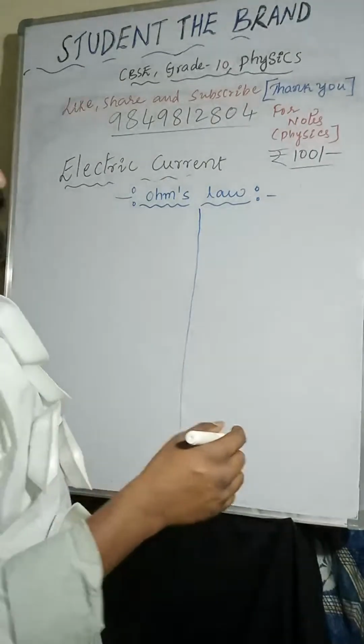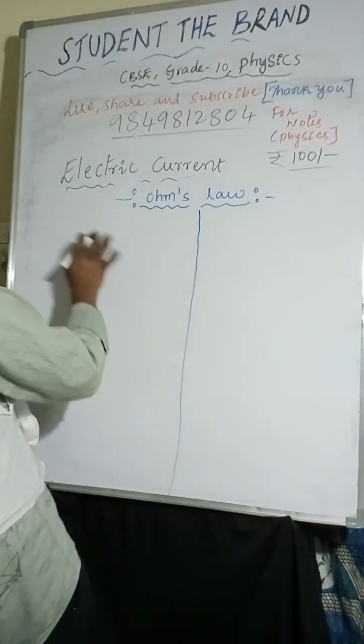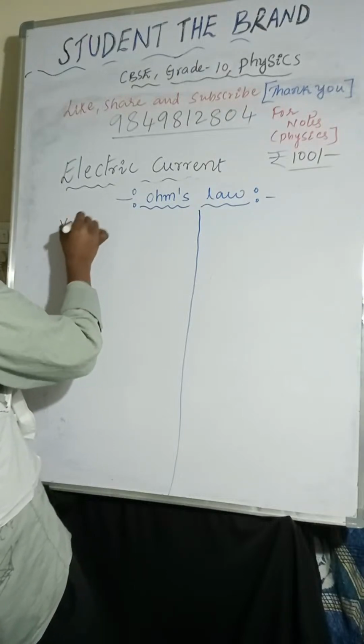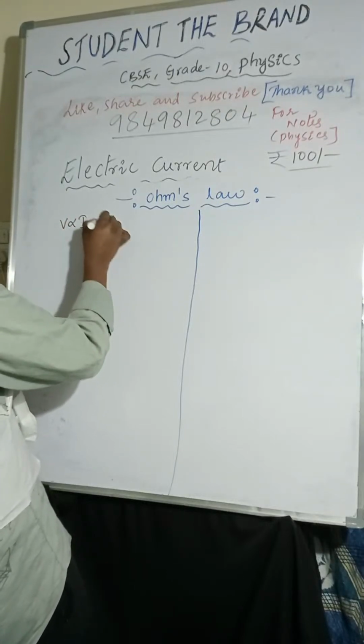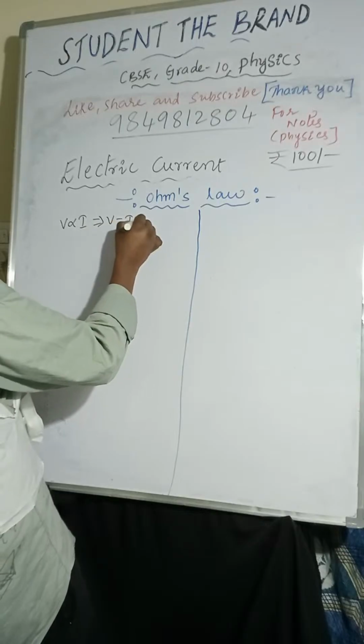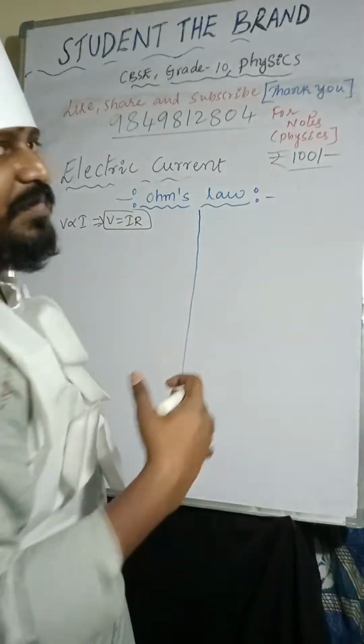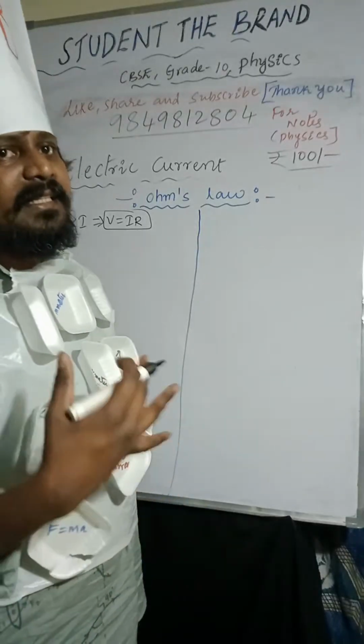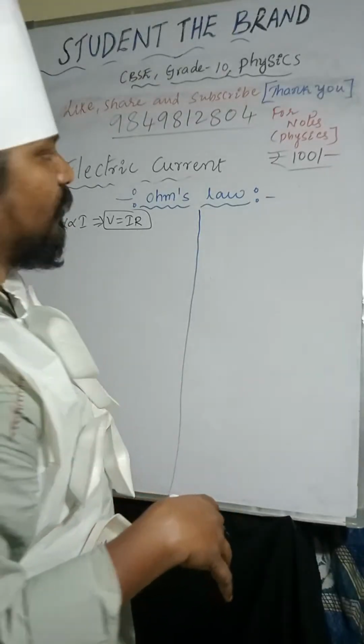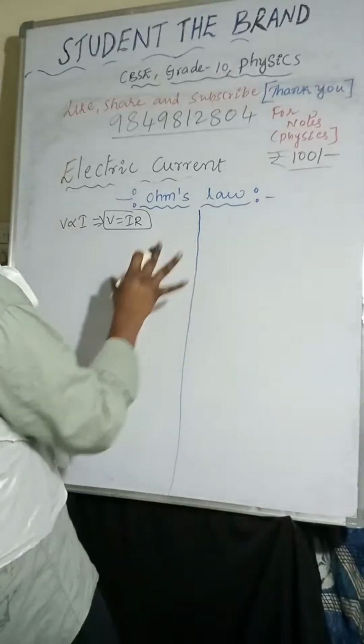Okay, done. Now, come to the point. Ohm's law: V is directly proportional to I. V equals IR. The potential difference across the ends of the given metallic conductor is directly proportional to the current flowing through it, at a constant temperature.